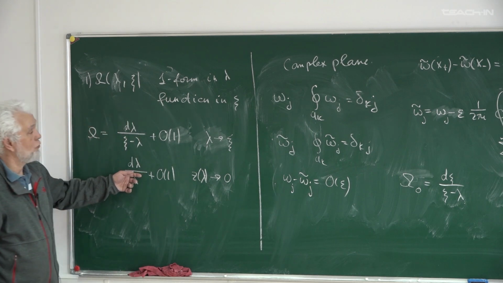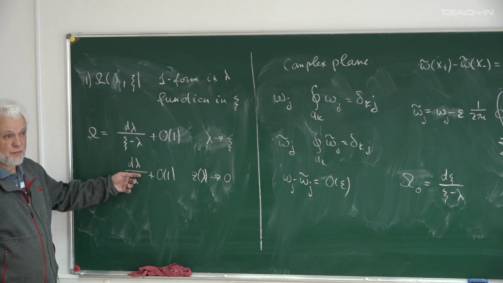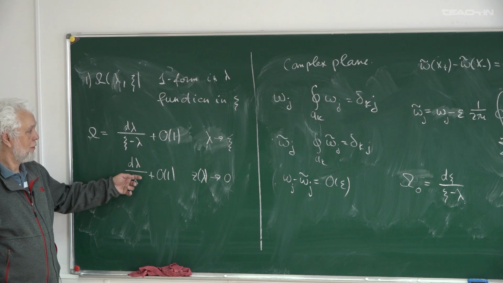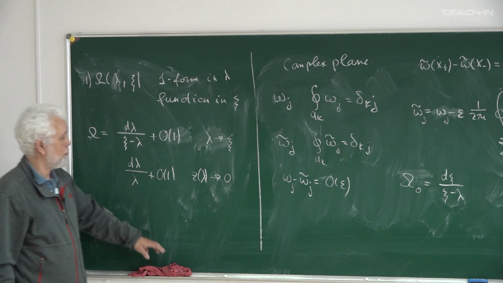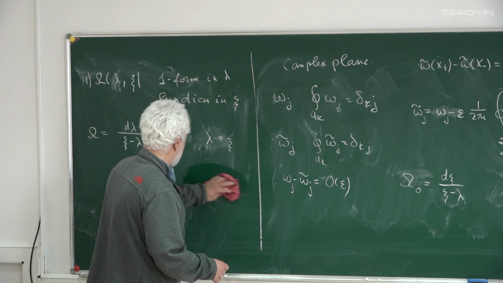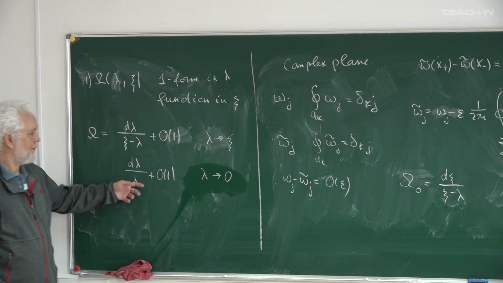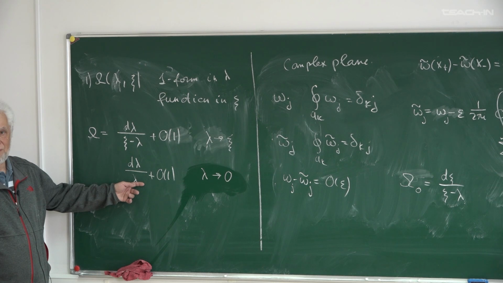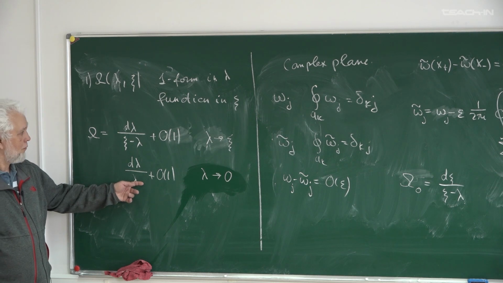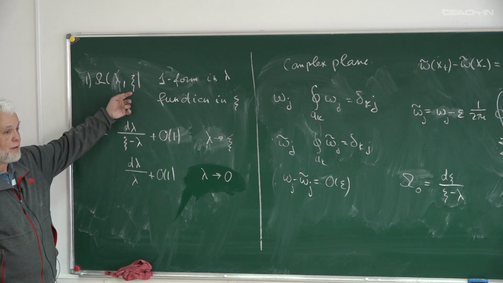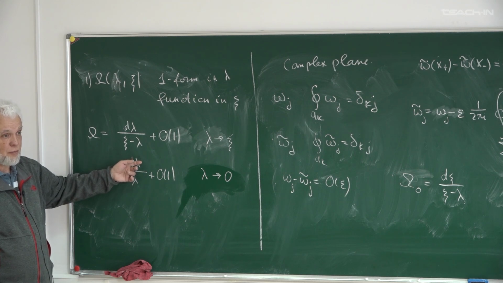Where lambda goes to this point P0. We work in the coordinate where lambda goes to 0. So for each fixed psi, lambda is a third type differential.